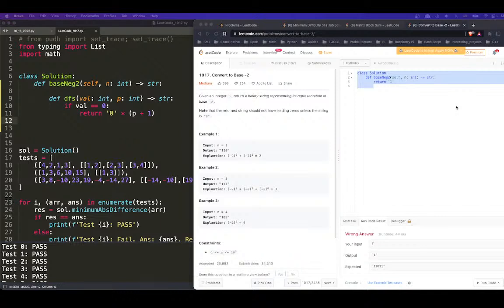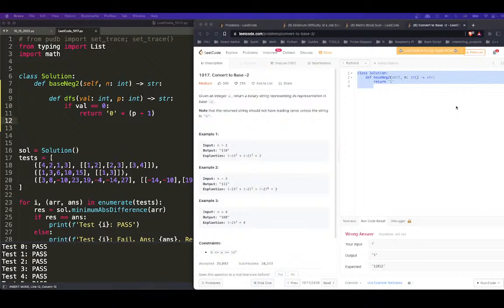We find what the power is. In this power, we can either use it or not use it. Let's say value is 1, and we're currently here, and then we do the power. If it's a negative value, I'm saying that's not possible.